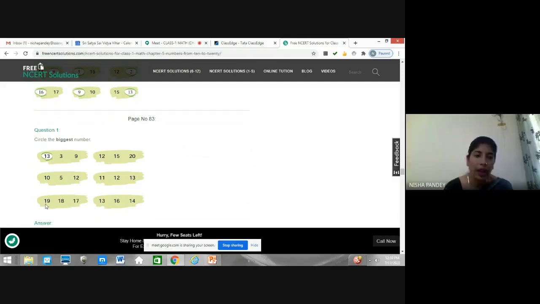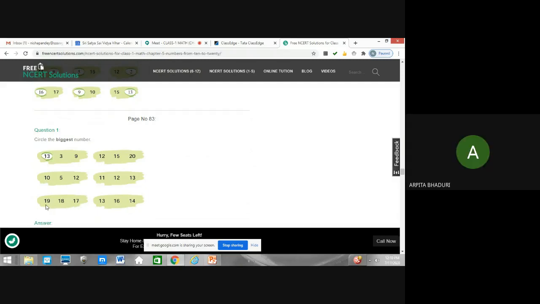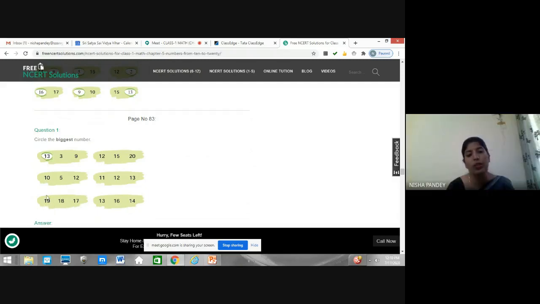Yes, very good. Now 19, 18, 17. You can see it is backward counting: 19, 18, 17, 16, 15. Ma'am, 19 is the biggest number. Yes, it is written in decreasing order, descending order, right? Now 12, 15, 20.